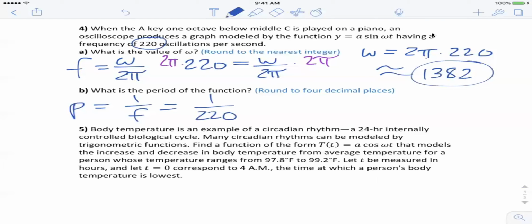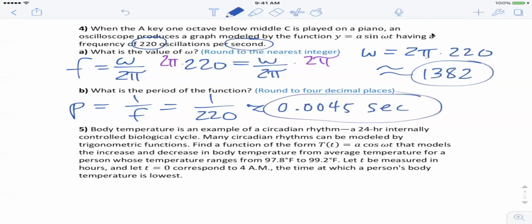So I got 0.0045. And if you were asked to find the unit of measurement, the period is always the time in these problems. So this is seconds. That's it. Okay. So that's that one. A little piano example. If you play the piano, that might interest you.